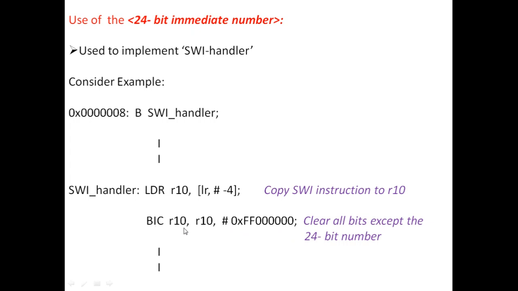R10 will now hold only the 24-bit number which is part of that software interrupt instruction, and in the further part of this program that number is used to call the corresponding monitor routine to handle the required hardware module. So that's how this software interrupt handler works, and it uses this 24-bit immediate number in the SWI instruction to decide which of the many monitor routines in the operating system is to be executed.